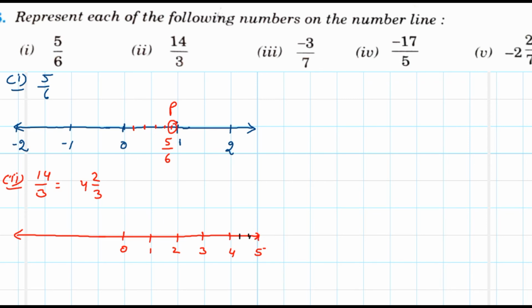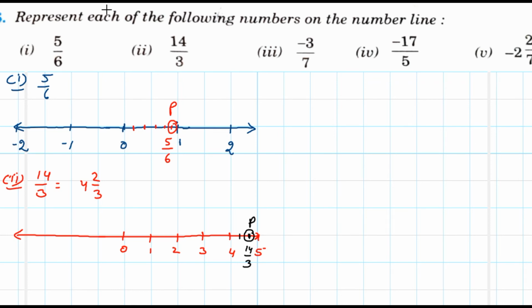So we have to take 2 out of these 3, right? So these 2 out of these 3, 1 and 2. So this point P is representing our 14 upon 3, right? 4 and next two divisions out of the next 3. So this is 14 upon 3, right?